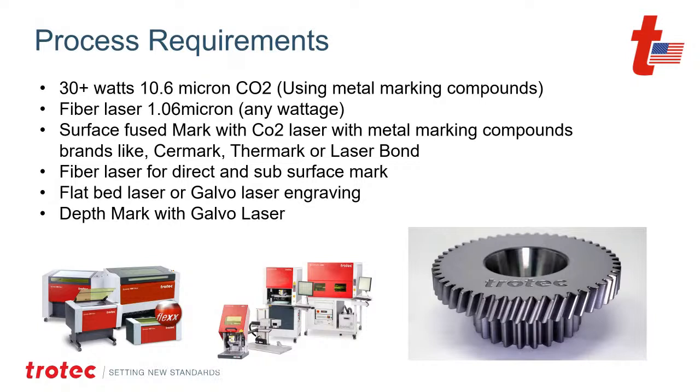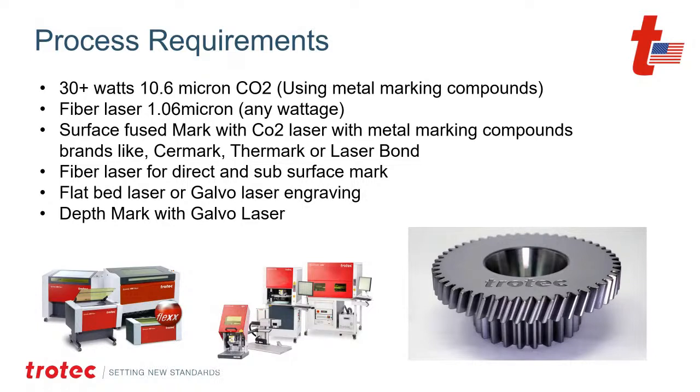These are in essence a liquid-based ceramic type compound that, when exposed to the heat of the laser, creates a fusing effect and actually creates a glass that's melted to the surface of the metal, producing a fused mark. And we'll get into that a little bit more.